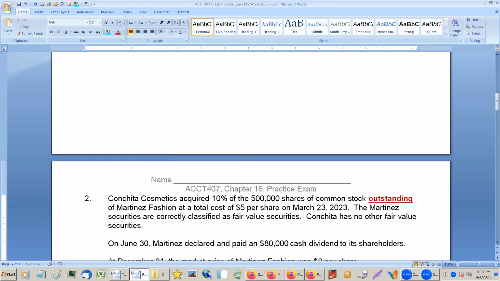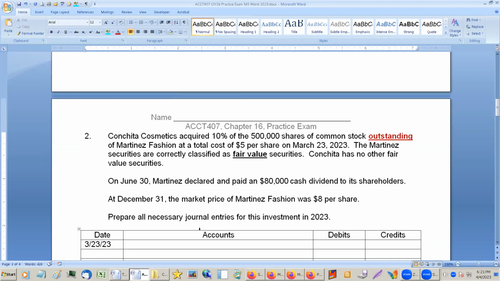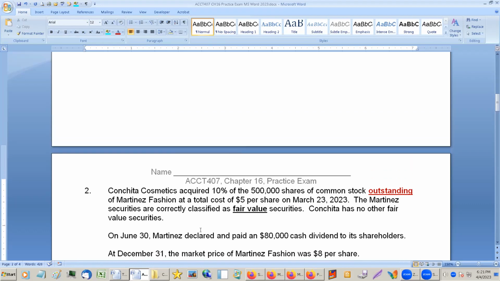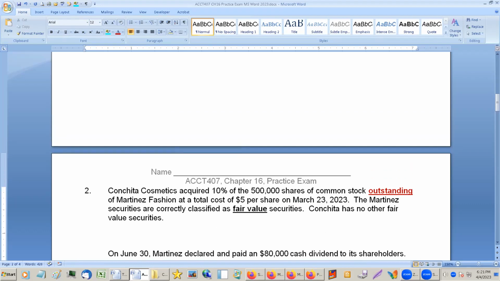Okay, the shares are correctly classified as fair value. So they tell us that they are fair value. We don't have to worry about doing the calculations. And they have no other fair value securities.